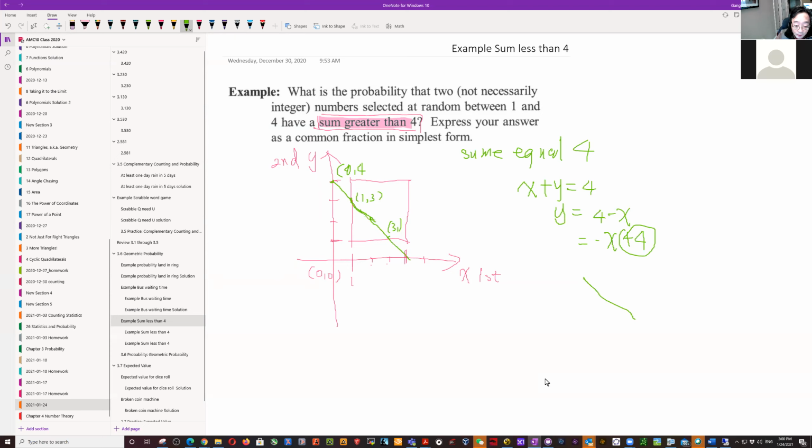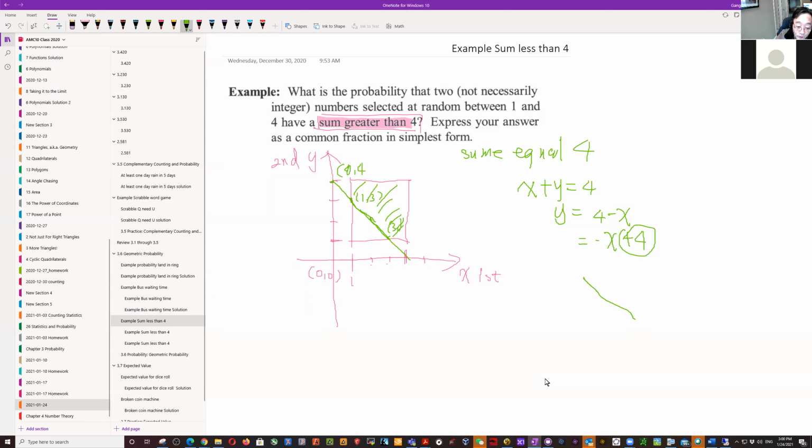On this line, the sum is equal to 4. Over there, obviously, the sum will be greater than 4, and over here it is less than 4. So basically what it's asking, sum greater than 4, this will be the area.